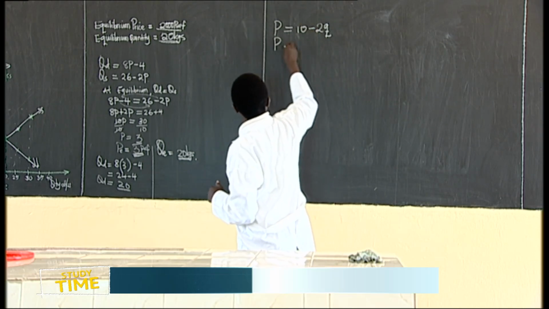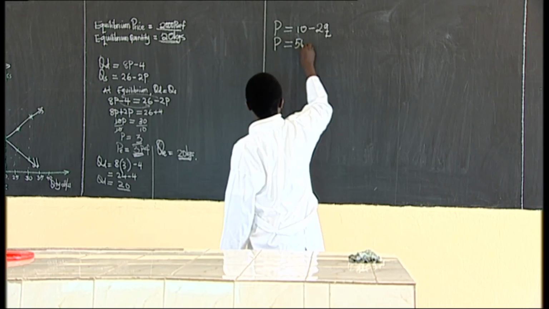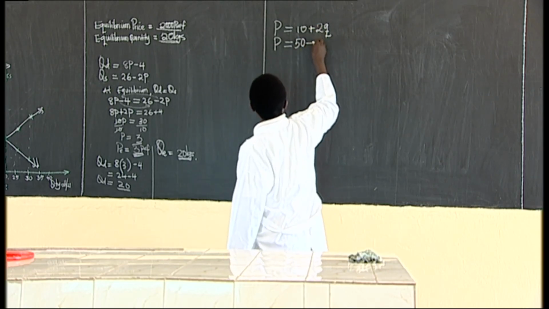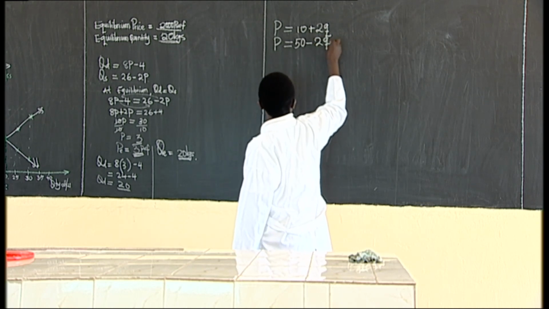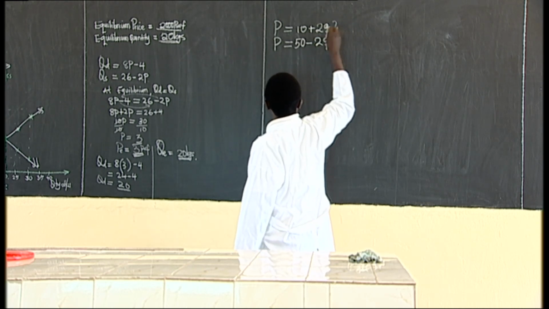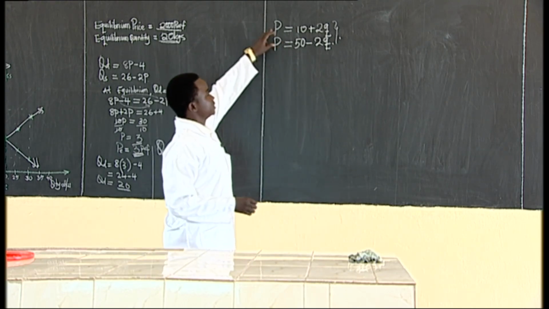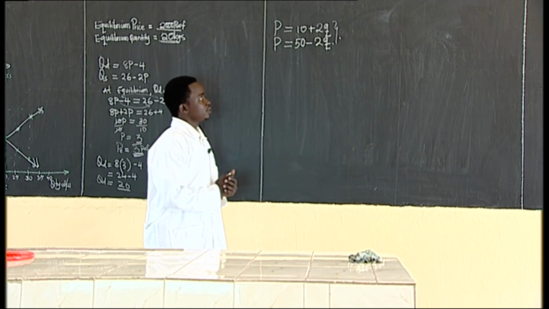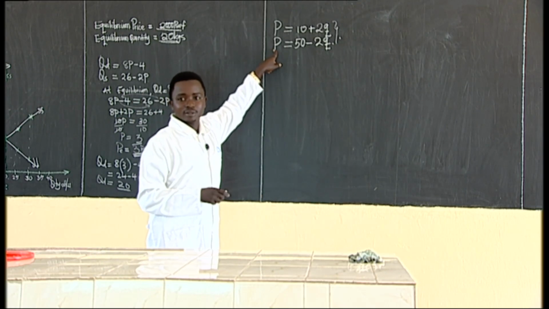Then again, we have P is equal to 50 minus 2Q. So these are our two equations, which have been given in terms of price. Let's try now to solve them, to determine our equilibrium price and our equilibrium quantity.